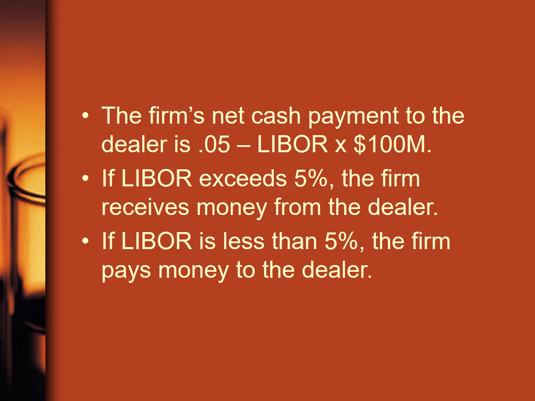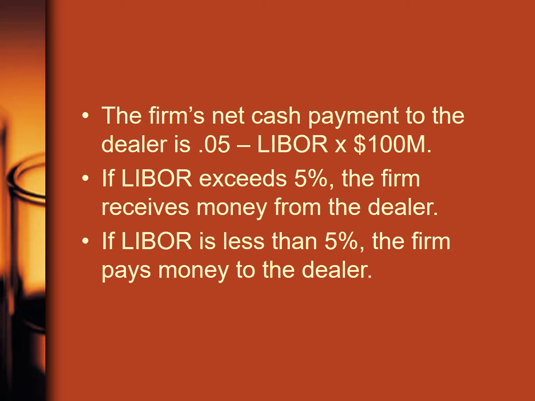If the LIBOR exceeds 5%, the firm receives money from the dealer. And if the LIBOR is less than 5%, the firm pays money to the dealer. So you can see that the commitment between the firm and the swap dealer is that the firm is paying a fixed rate of 5% on $100 million.